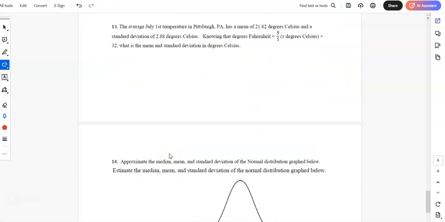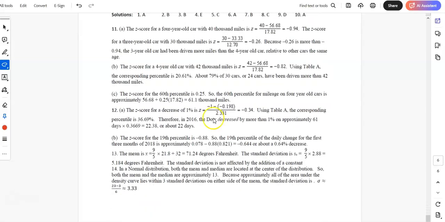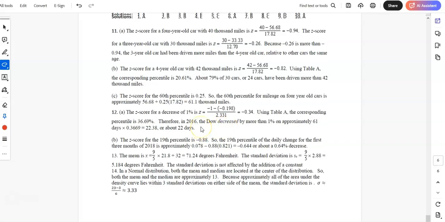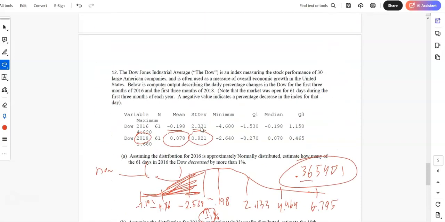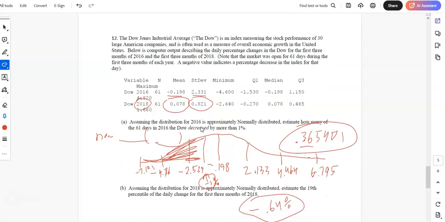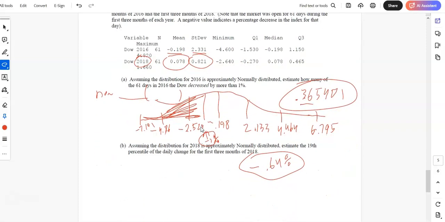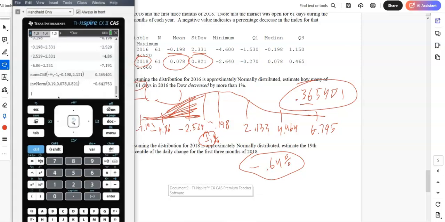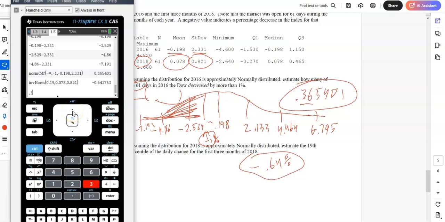Just double check 12 and see if we got the right answers there. 22 days. Did I answer the question of the first one? For how many days of the 61 days. So the thing I forgot to do is answer the question. So let's see if we got it right. 0.365 times 61 is about 22 days.